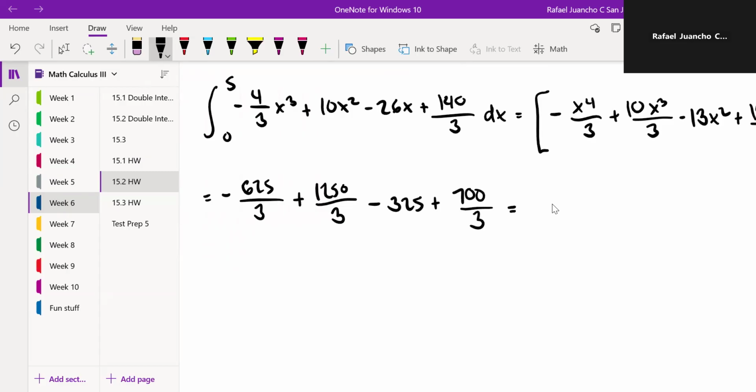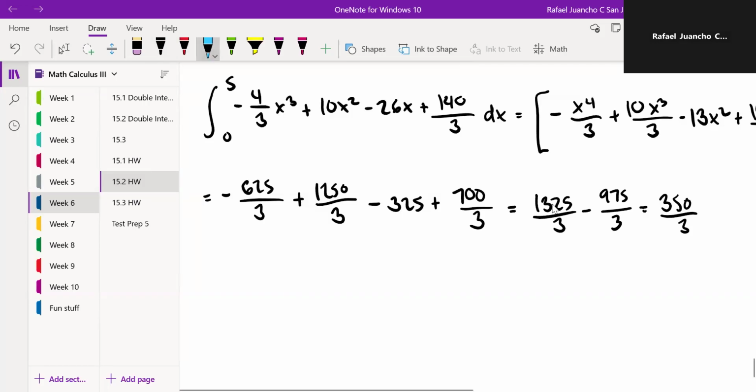So this gives me, just to simplify everything, 1250 minus 625 plus 700 is 1,325 over 3, minus 325 times 3, it's 975. And then this is 350 over 3, which I think was the answer, if I'm not mistaken. Yes.